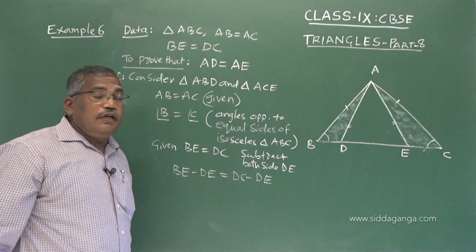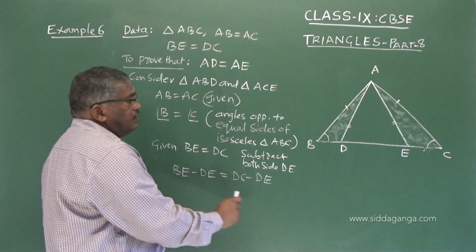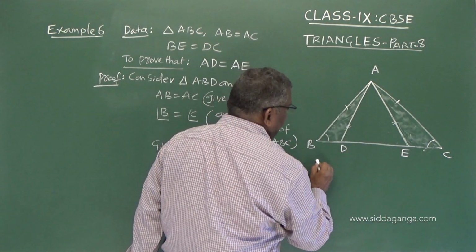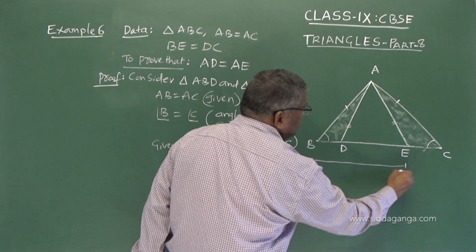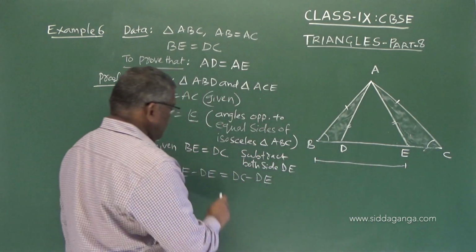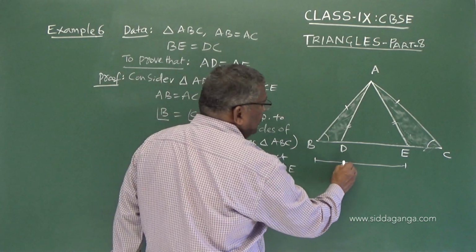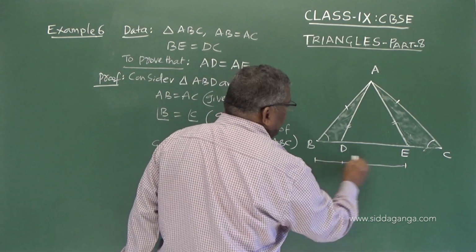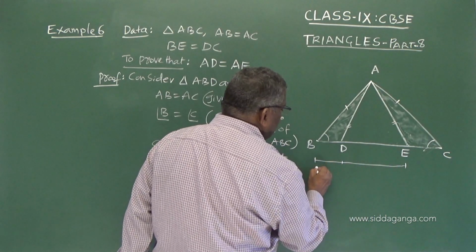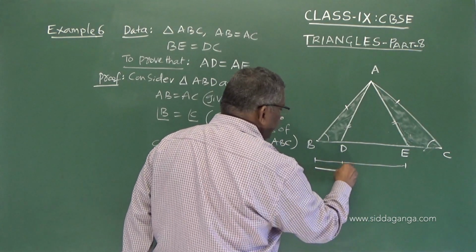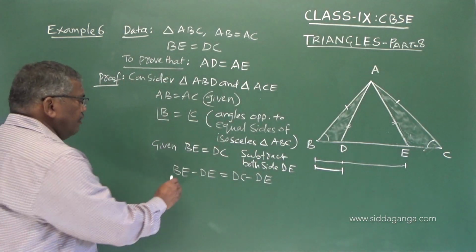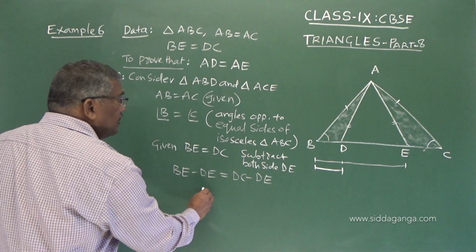Now, you observe the figure. BE minus DE. BE is this length from here to here, minus DE. DE is from here to here. So, BE minus DE is left with BD only. So, therefore, BE minus DE is BD.